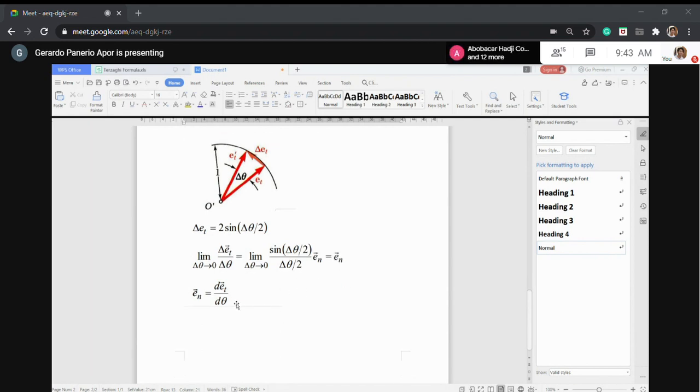So e n is equal to the derivative of e t over delta theta. Okay, so e n is equivalent to delta e t over delta theta. Now, if we are going to find the answer for e n, actually, we go to here.